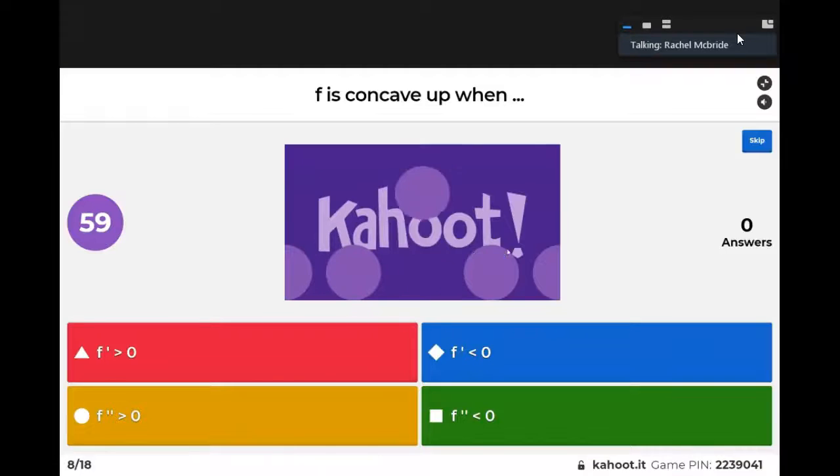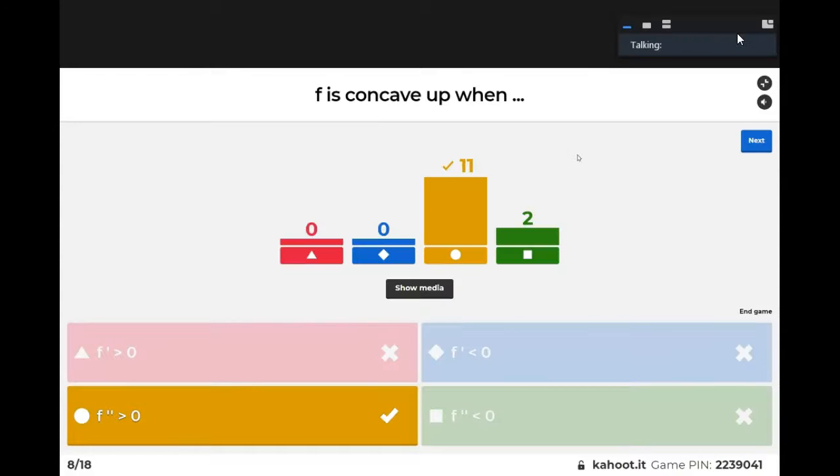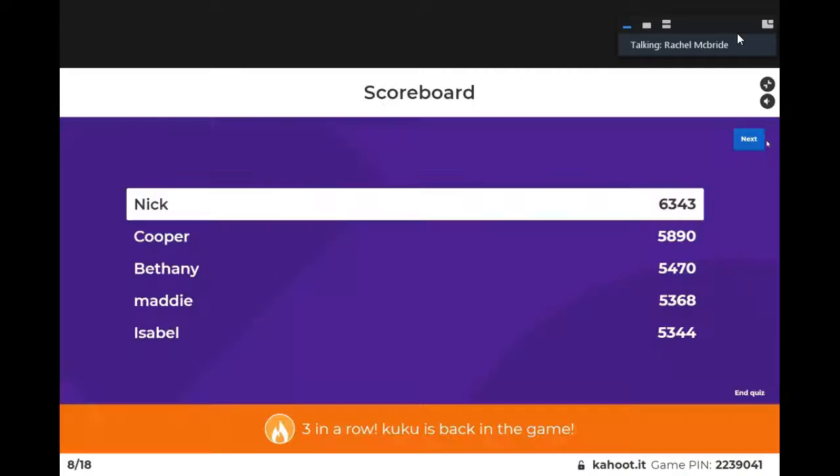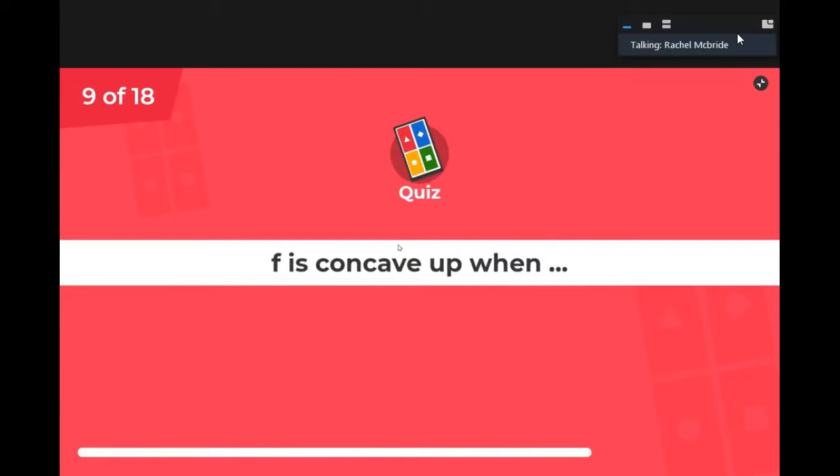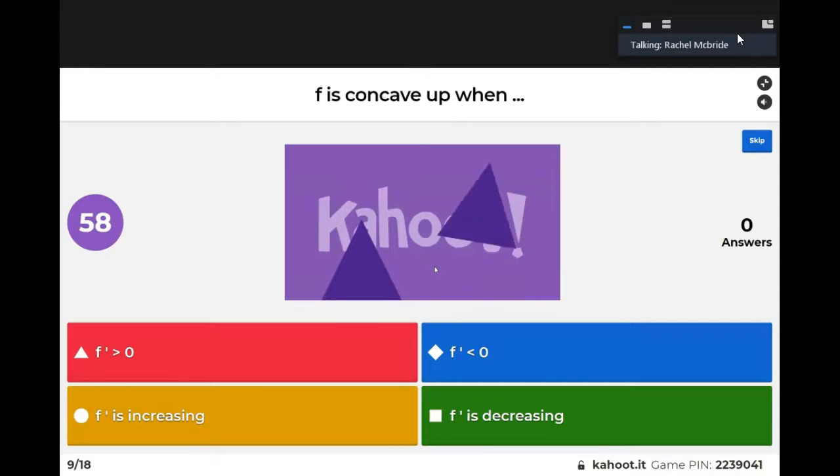F is concave up when? Okay. F is concave up. In which of the following instances? F is concave up.